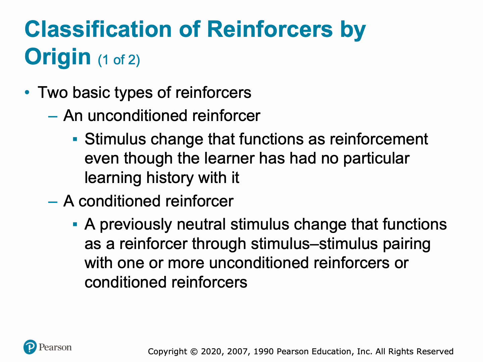Okay, so now we're going to talk about two different types of reinforcers that might exist. We have conditioned reinforcers and unconditioned reinforcers. These are both terms that you should already be familiar with, so this is just a review. Unconditioned reinforcers are reinforcers that are inherently, without having prior learning history, already reinforcing. These are things like water.